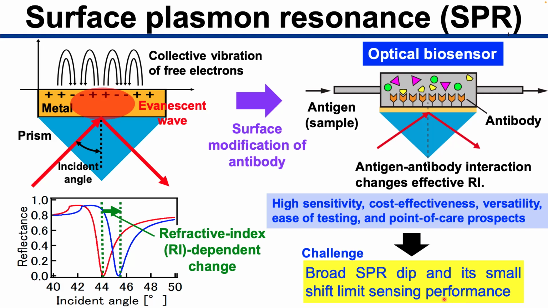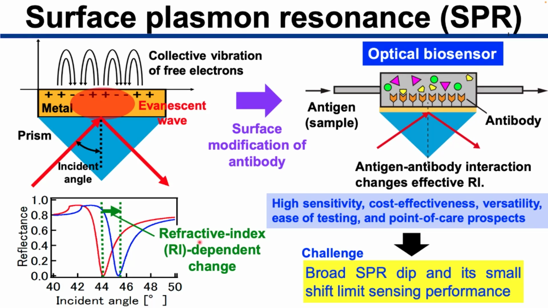Optical biosensor is a potential method for rapid detection of SARS-CoV-2 due to the high sensitivity, cost-effectiveness, versatility, ease of testing, and point-of-care prospect. One representative is surface plasmon resonance, or SPR, like here.